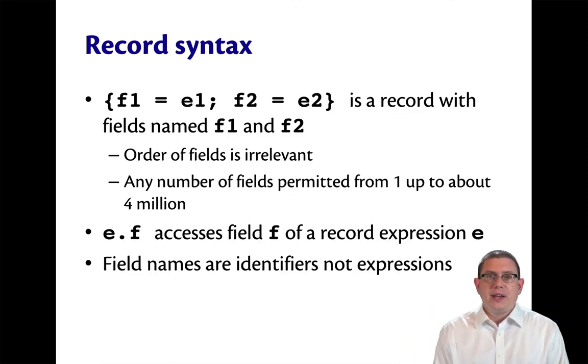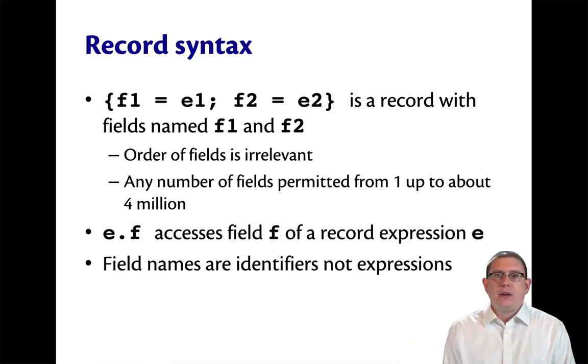For record syntax, we write records inside of curly braces with field names separated by semicolons. We use an equal sign between the field name and the expression we want to have stored in that field. So f1 = e1; f2 = e2 is a record with field names f1 and f2.